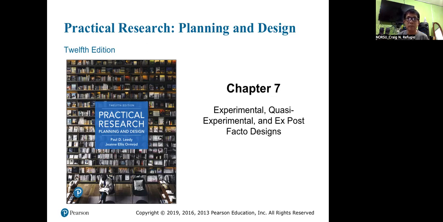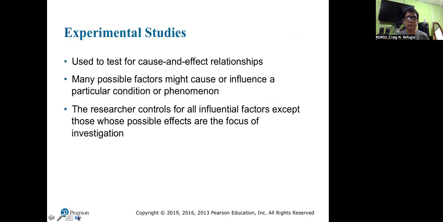In some books, we also have two classifications of experimental designs, the true experimental research designs and the quasi-experimental research designs. Experimental studies are used to test for cause and effect relationships.